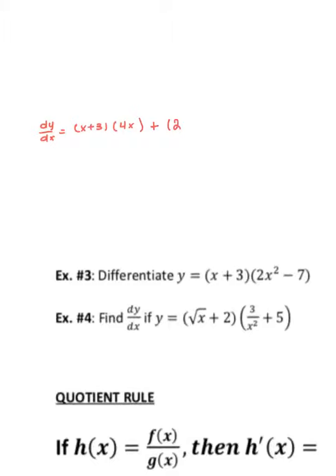Which is 2x squared minus 7 times the derivative of the first, which is just 1. Because x to the first, bring it out front, subtract a power. And then you multiply and simplify. And that's your derivative. First times the derivative of the second plus second times the derivative of the first.